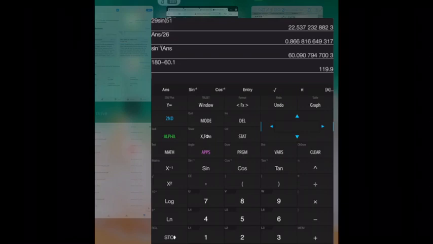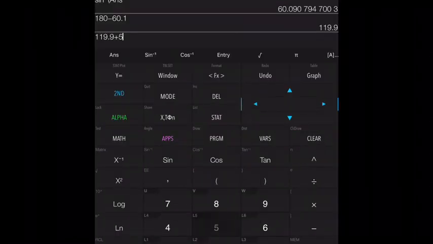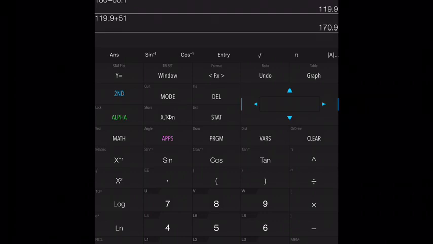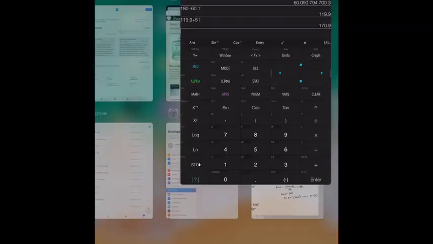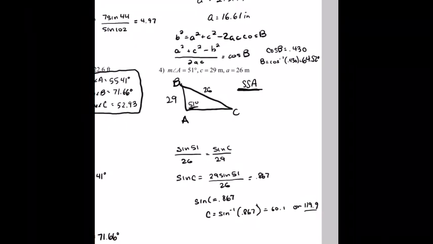If we do 119.9 plus 51, that gives us 170. So it's not bigger than 180, so that still gives us a little bit of room for the third angle. So both angles actually work. So angle C could be 60.1, or it could be 119.9.